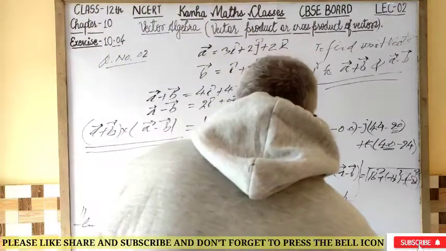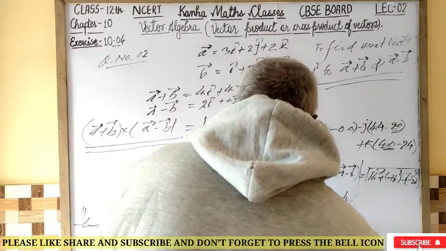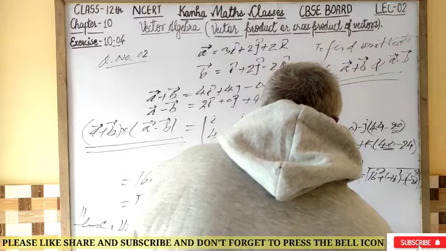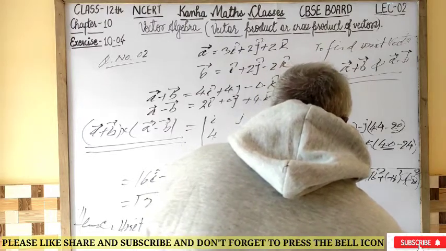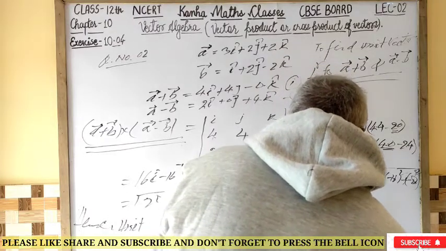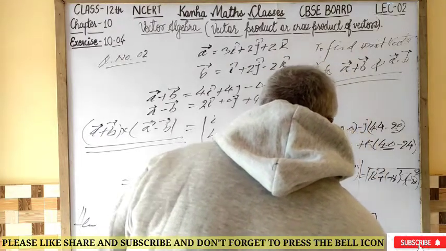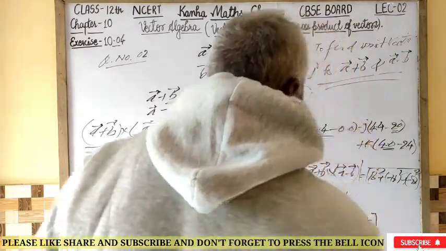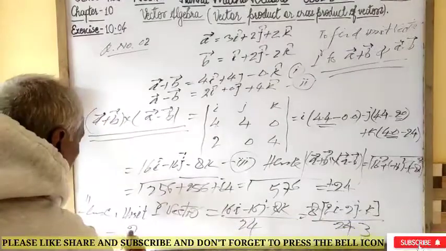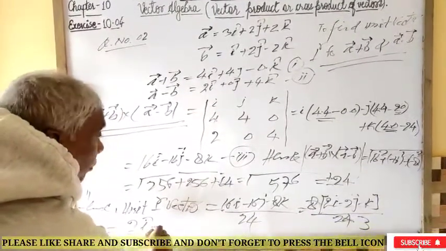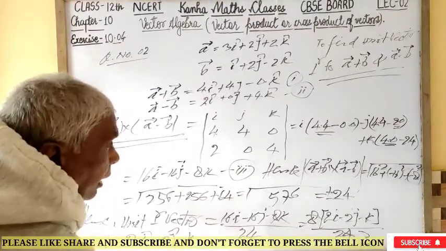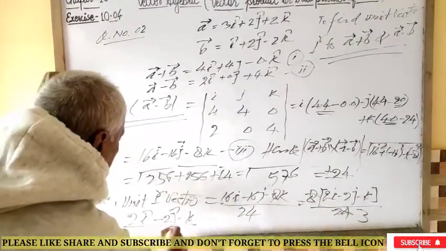If you take 8 common from the numerator, it will be 2i minus 2j minus k upon 24, that is, 8 threes are 24, and the requisite answer will be equal to 2i minus 2j minus k upon 3.